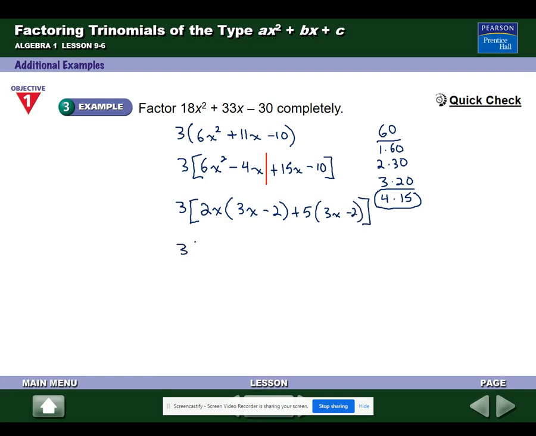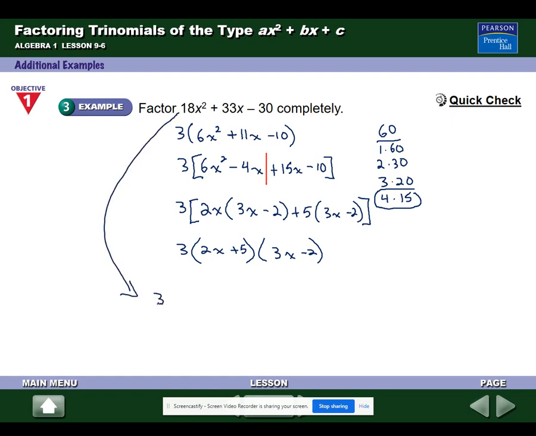So don't forget your 3 as part of your final answer, and then 2x plus 5, and then 3x minus 2. This is completely factored.